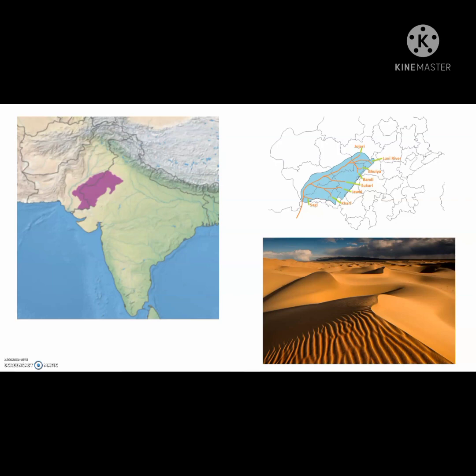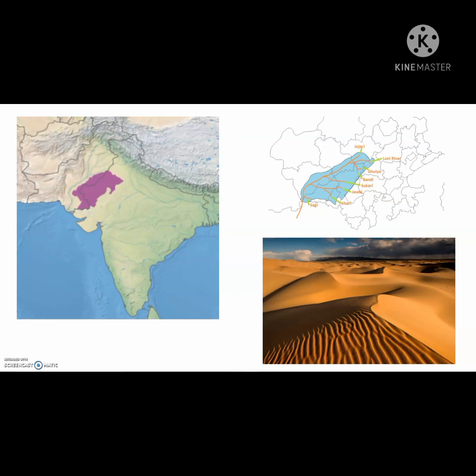The animal rearing community is the Raikas. What are the cities in the desert area? Jaisalmer, Jaipur, Jodhpur, Bikaner, Ajmer. These are important cities in Rajasthan.